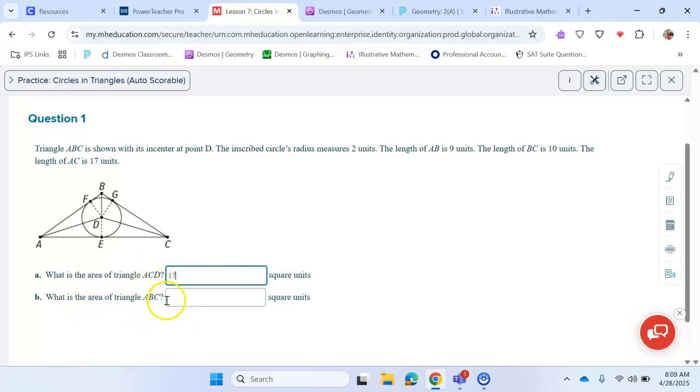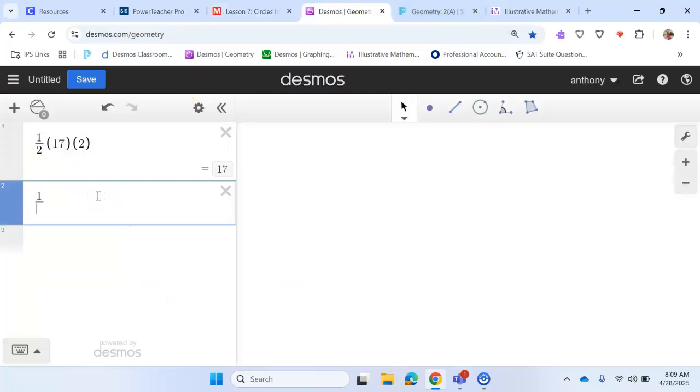What is the area of triangle ABC? Well, ABC would be triangle ACD plus ABD plus BCD. So the area of triangle ABD would have a base of AB, which is 9, and it would also have a height of the radius, which is 2.